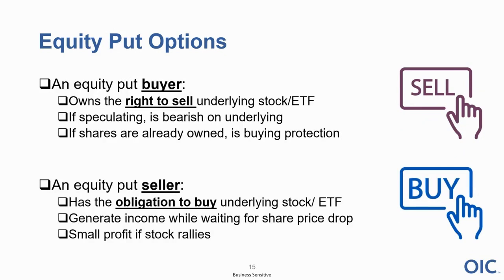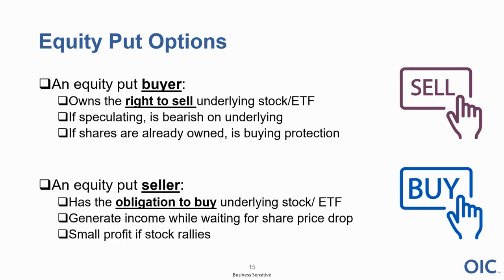On the flip side, a put seller has the obligation to buy those shares. Here's another strategy where you can generate income while you're waiting for that share price to drop. The stock's trading at $100, you like it, but you would rather buy that stock for $95. You can sell a put with that $95 strike that obligates you to buy shares at $95. If the stock gets there, then maybe you'll get a chance. I'm sure we've all heard the phrase buy the dip.